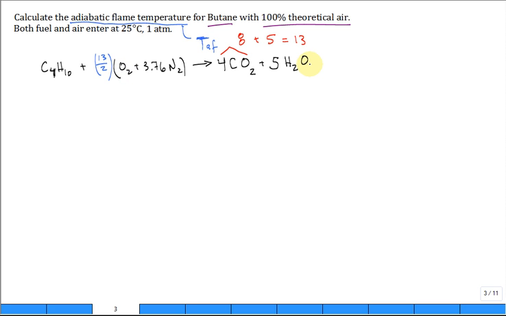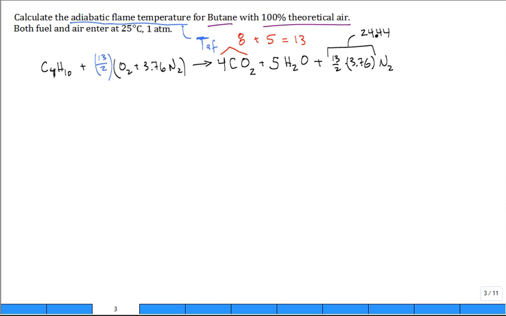We finish the reaction for the nitrogen. It'll be 13 divided by 2 times 3.76 N2s. And if you make the computation, this is 24.44. So for 1 kilomole of butane fuel, you'll have 24.44 kilomoles of nitrogen going out in the flame. All right, so that's our balanced reaction equation.